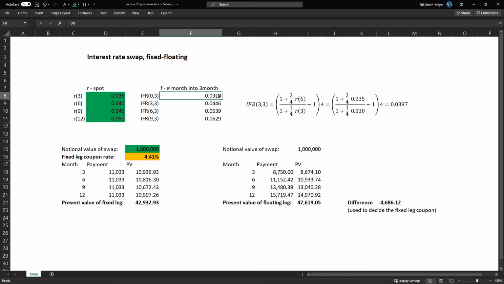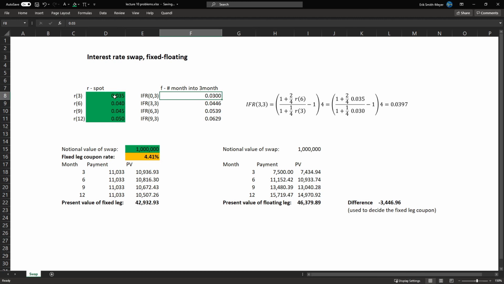This is the reason why the floating leg has a maturity of 3 months: the floating leg has a maturity equal to the time to the first payment. So here we have to adjust it to get it back to the original payment.